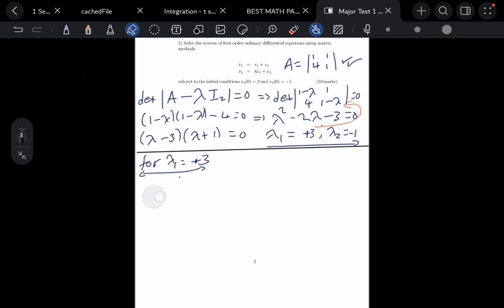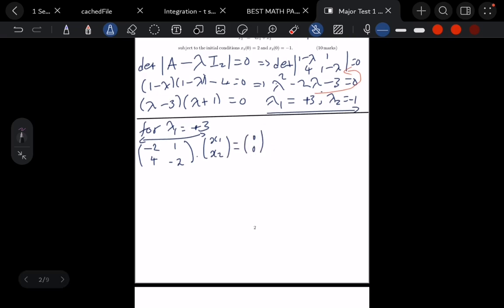Now this is the thing about these eigenvalues. You'll see when it does not make any sense. So if you substitute a positive 3, we are going to have 1 minus 3, which is negative 2, and 4, and then 1, and then 1 minus 3, it is negative 2, times x1, x2 equals 0, 0.